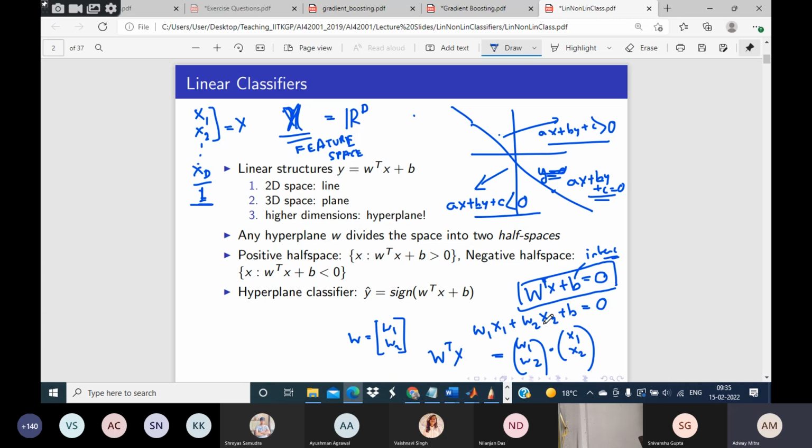And this b, I can just absorb it into the w vector itself. So this is also a d plus 1 dimensional vector, and this is also a d plus 1 dimensional vector.